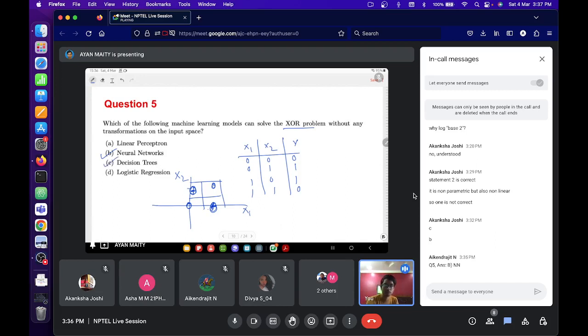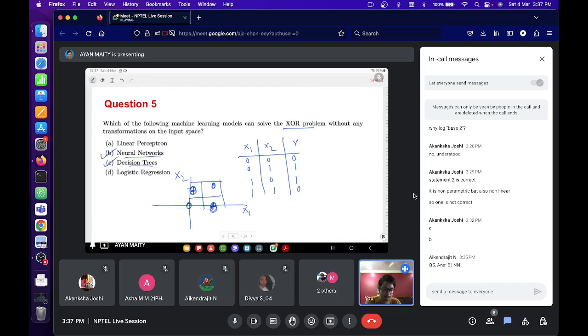Decision tree is also a non-linear model, so you can use it. And logistic regression is a linear model, so you cannot use logistic regression here. So these are the two correct answers, neural networks and decision trees.